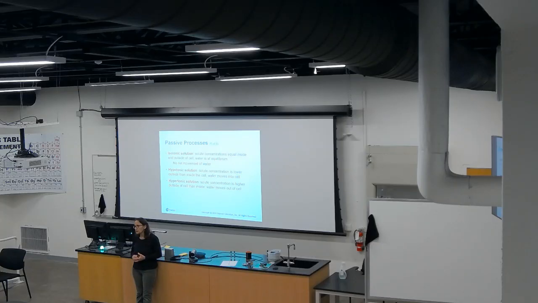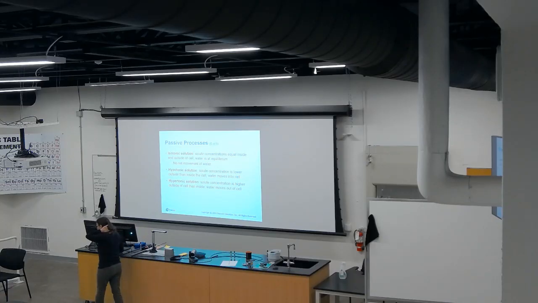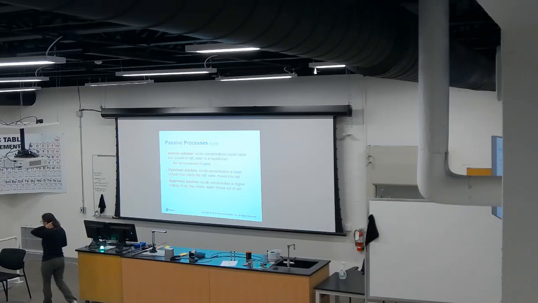In this isotonic solution, you will have movement of water in and out of the cells, of course, because you have to transport other molecules like hormones and nutrients, but the cell will remain at the same size because it will not gain volume. And when I'm talking about the same size, it is not gaining water or losing water.